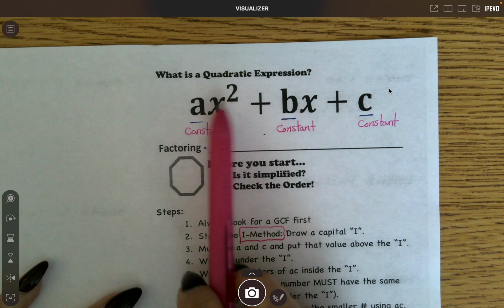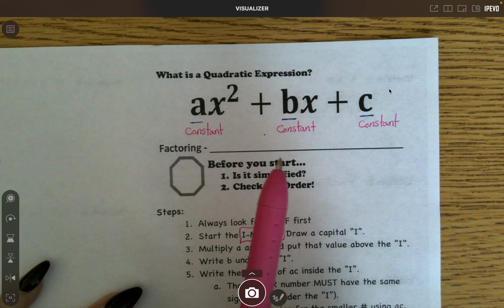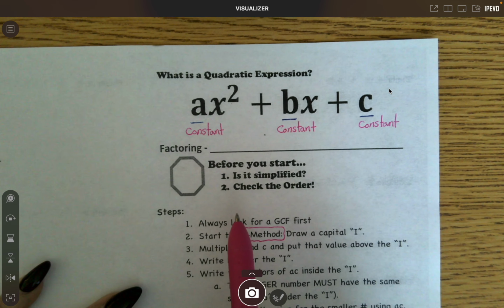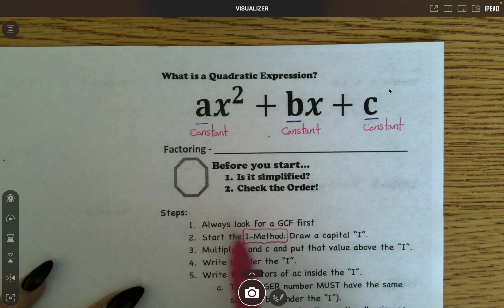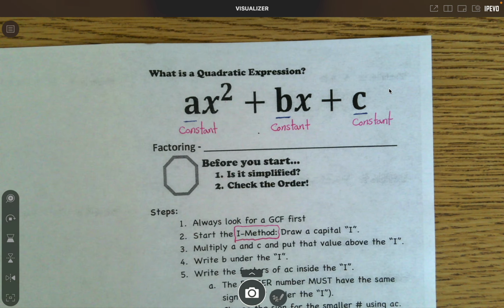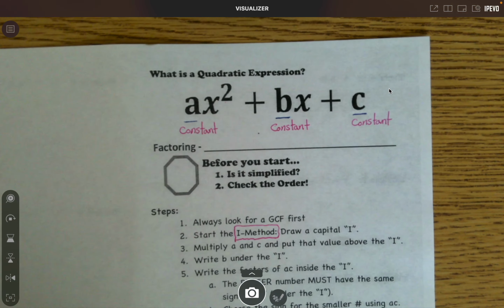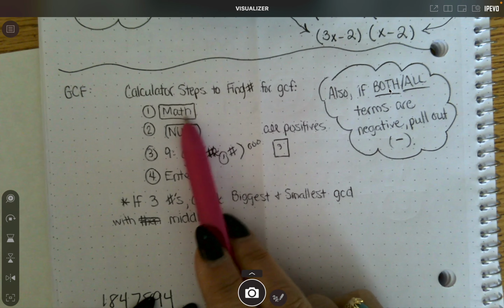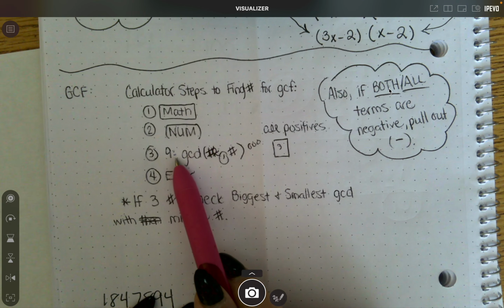So let's talk about what a quadratic expression is. Before we do that, let's refresh your mind on GCF. Yesterday we talked about how to get to GCF, and I have my little note over here that says you go to math number 9.